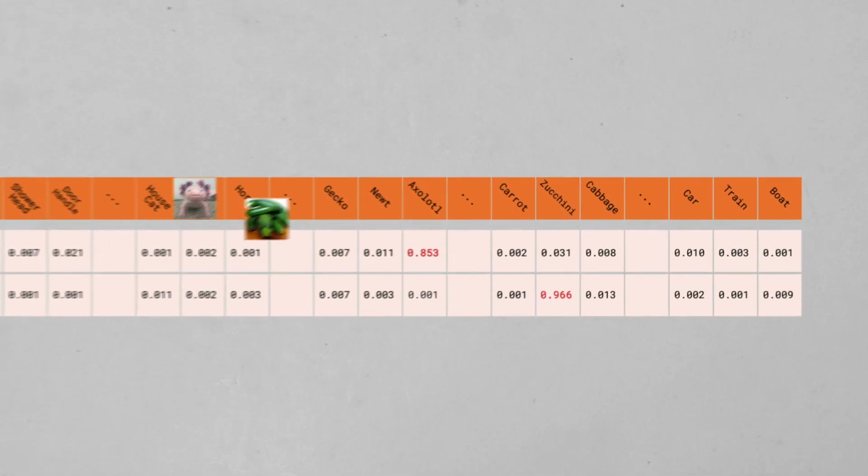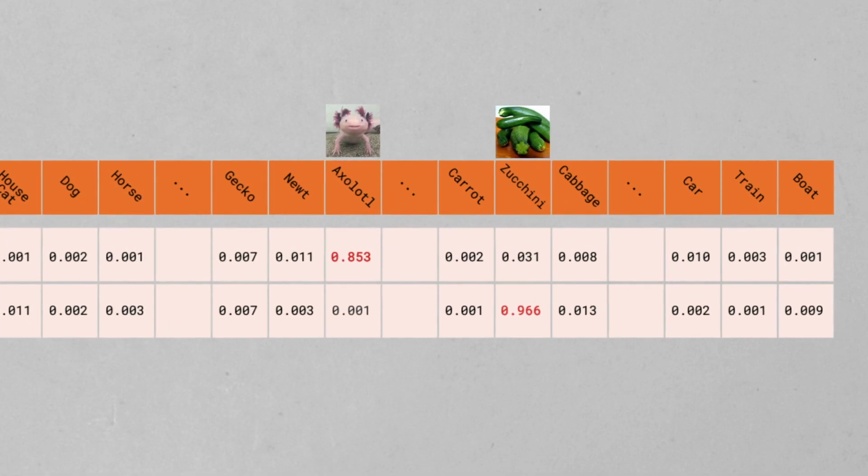The score in the position represents how confident the model is that the picture, in fact, is a picture that contains that thing. All the values for a particular image add up to 1.0. This allows us to think of these numbers as percentages. So the model might be 85.3% confident that the image is of an axolotl, while only 0.1% confident that it is an image of a common newt.